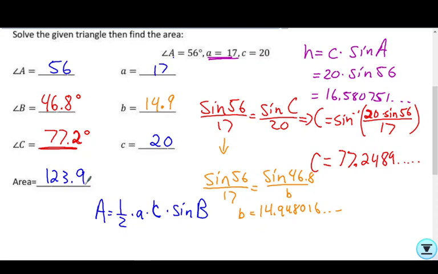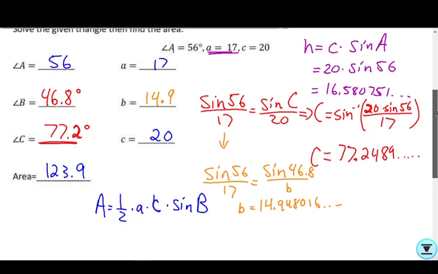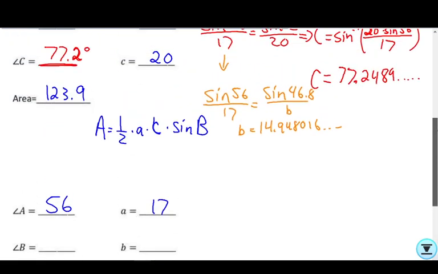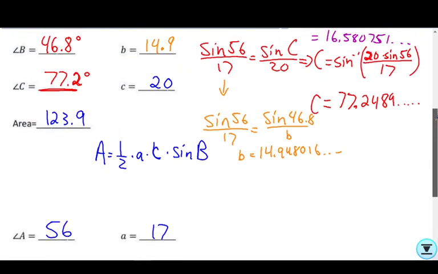But now I have a second solution I have to find, because this is the ambiguous case. So I start over down here. We start off with the same pieces of information, because the triangle has to be the same as it was given. Now, the difference is, if I try to solve for angle C again, I'm going to get that 77.2.